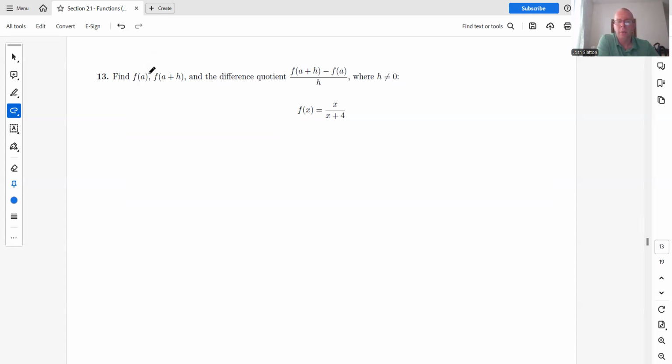All right, so another one with difference quotient. So f of a would be a over a plus 4. And then f of a plus h would be a plus h over a plus h plus 4. So here is the first x. Here is the next x plus 4.